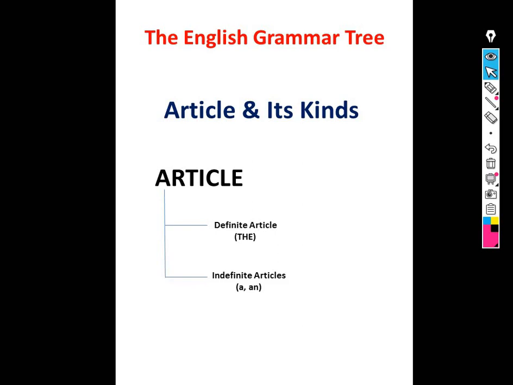Articles are one of the parts of speech, and article has two kinds. First one is called definite article, that is the, and indefinite article, there are two, a and an.